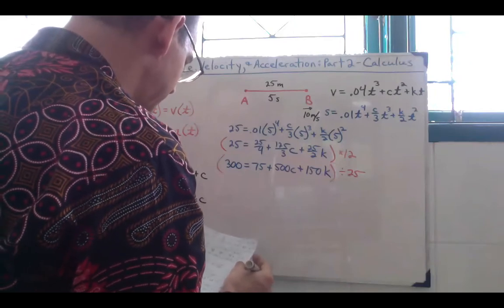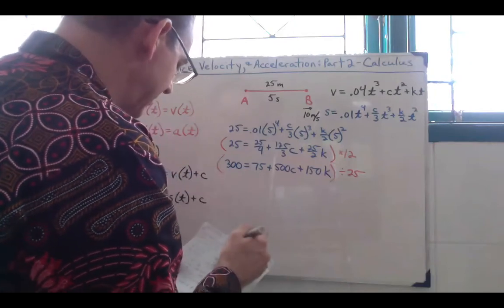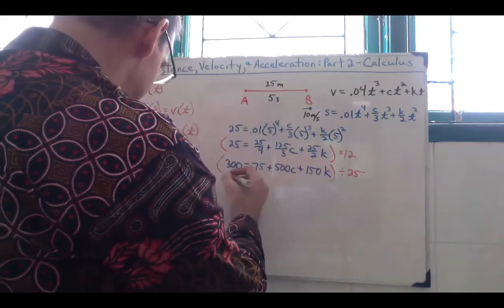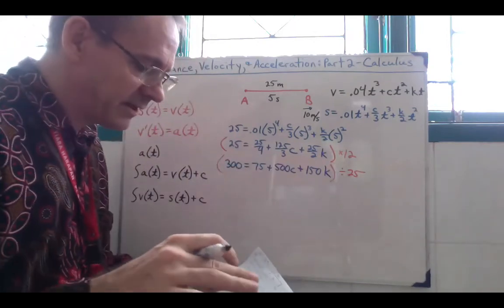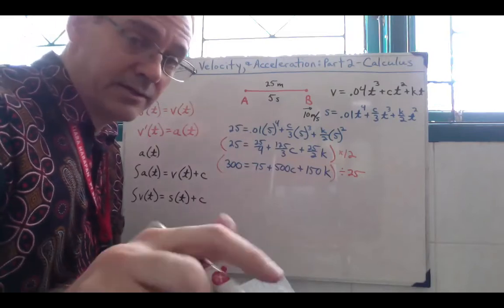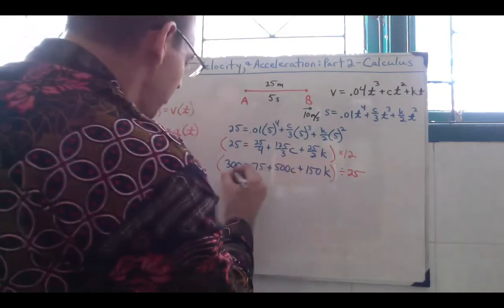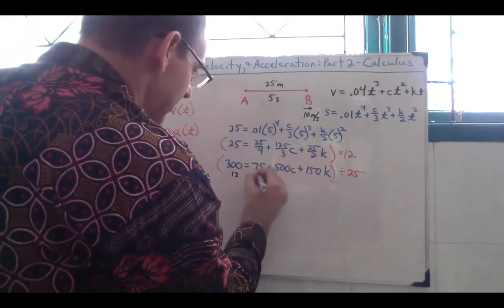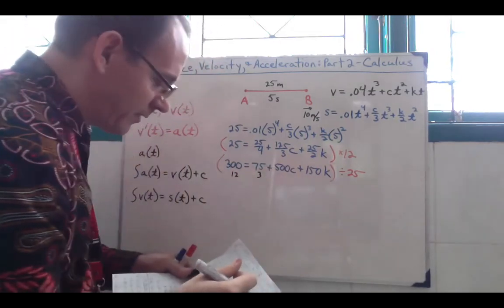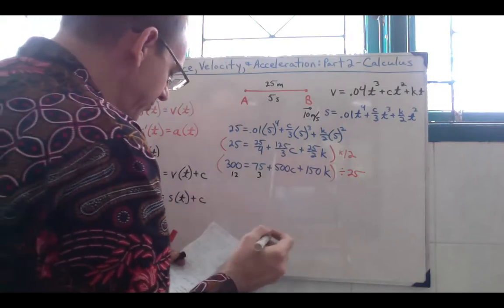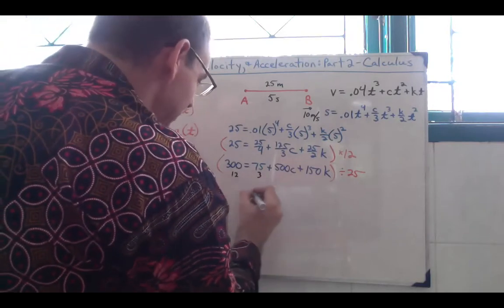Where do we go here? I lost track of my, oh here, I guess 25. Well, when we divide by 25, we get 12 and 3, okay? Then if we subtract the 3, that's going to give us 9.